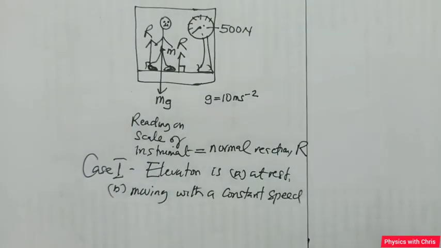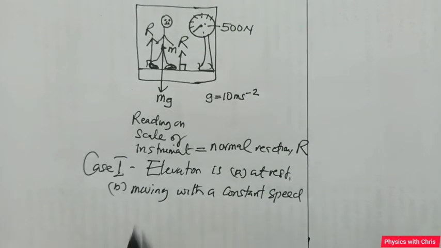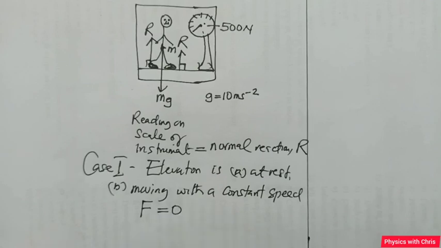The first case is the case of static equilibrium of the lift and the person in the lift. The second case of moving with a constant speed is the case of dynamic equilibrium, or what we call kinetic equilibrium. Now, in this case, the resultant force acting on this individual is equal to 0. Constant speed means the acceleration also is 0.